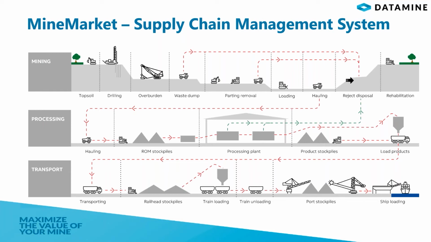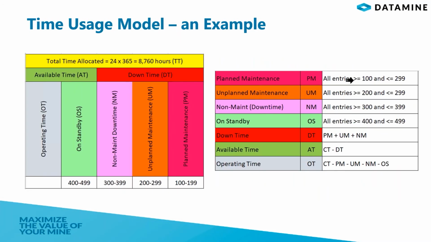Now, let's just briefly touch on the concept of time usage model. As you can see in this example here, we have the total time, which is represented by the yellow bar at the top. And we divide that into two components or two buckets of time.